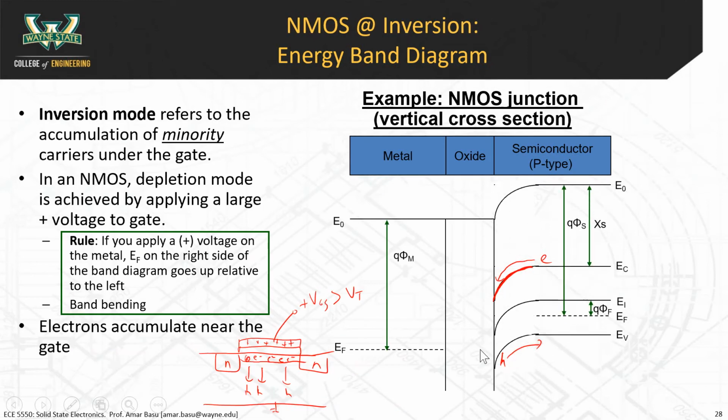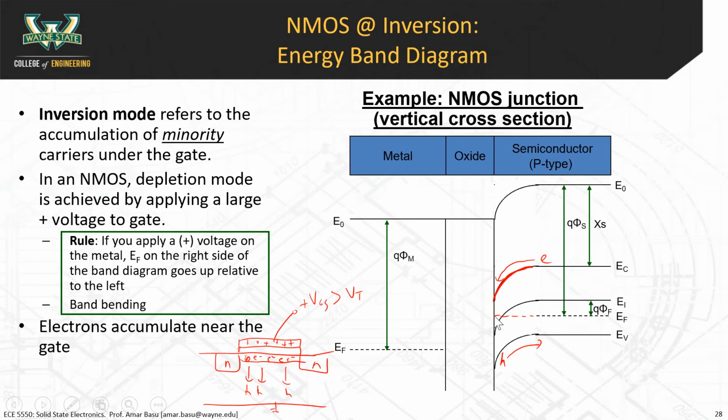If we notice the location of the Fermi level here, zoom in here where my mouse is, the key phenomenon that's happened here, and this is why this is called inversion, is that EI has crossed over EF.